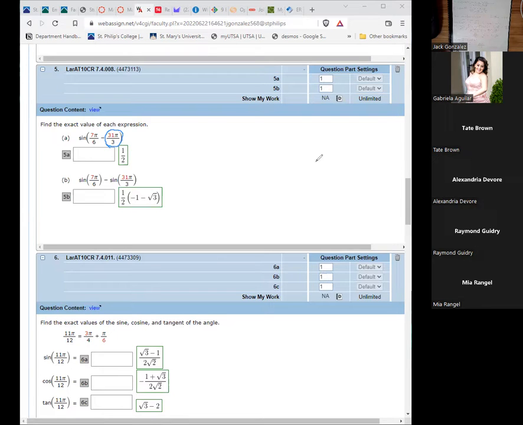What is 31 pi? Let's see here. So real quick. Throw out some scratch paper. Yeah, we could do that. I mean, that would be easier. We could.